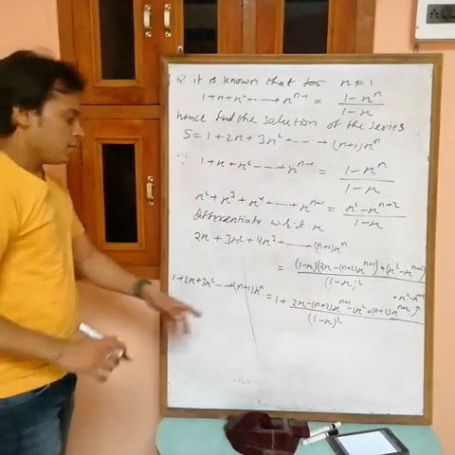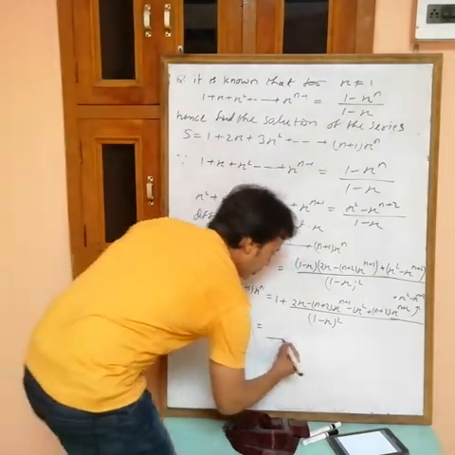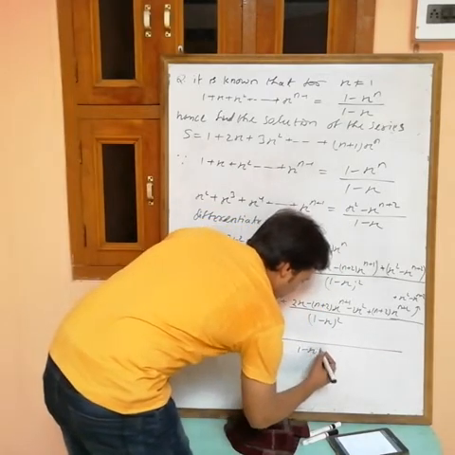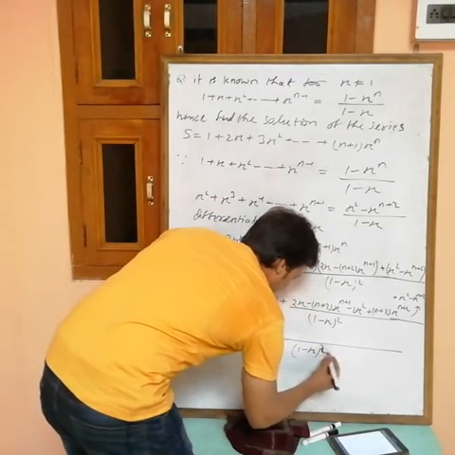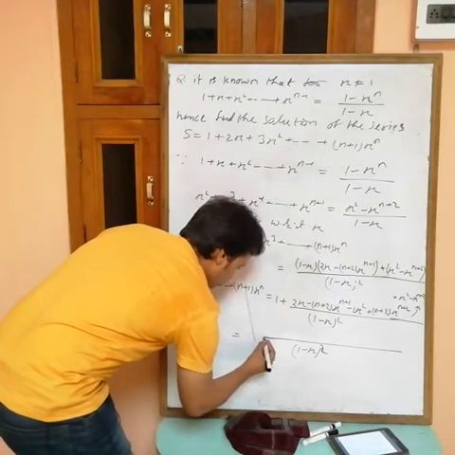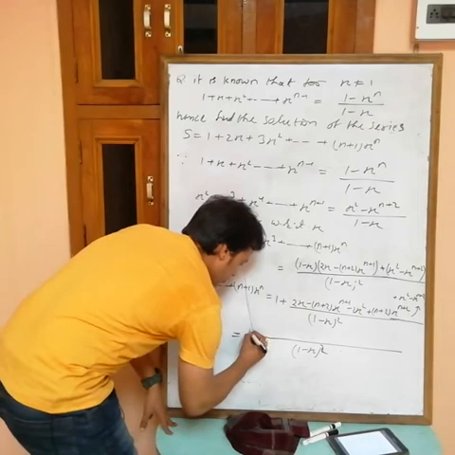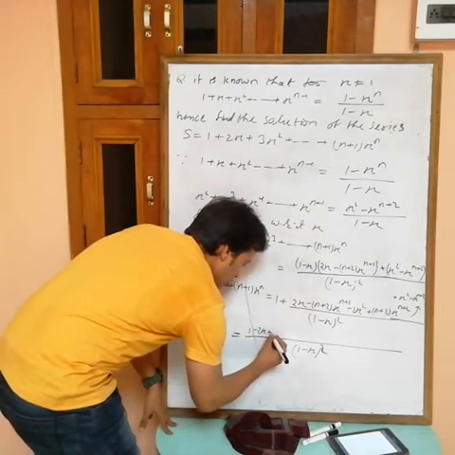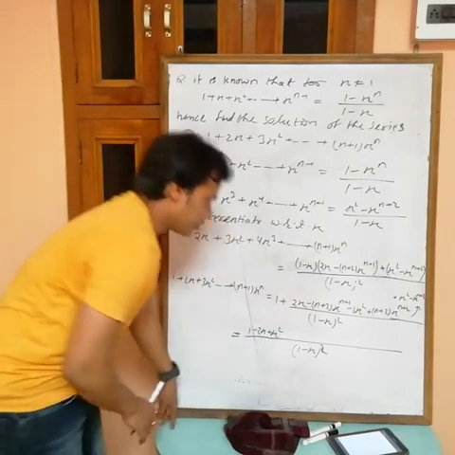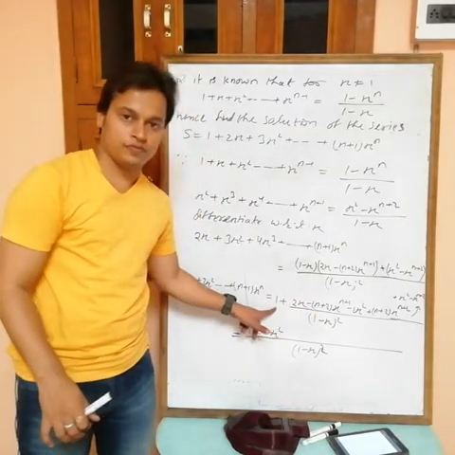Now take LCM. If I take LCM, 1 minus x square, so this one multiplied with 1, then what you will get: 1 minus 2x plus x square, the square of this one.